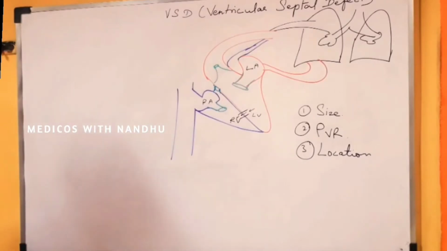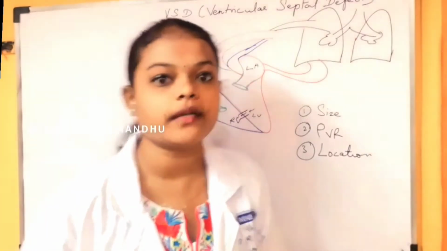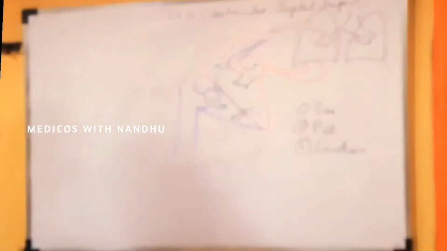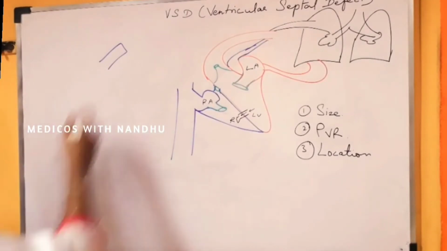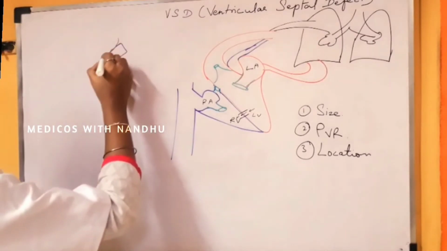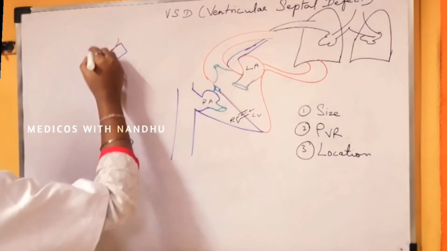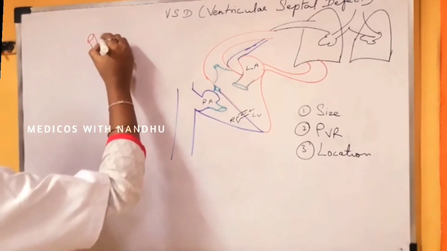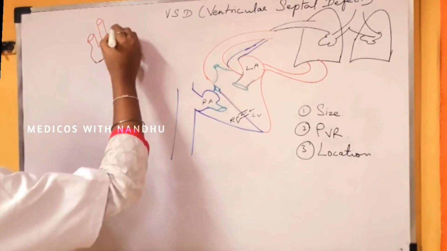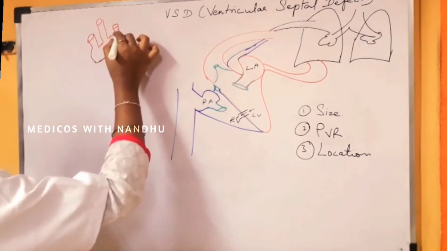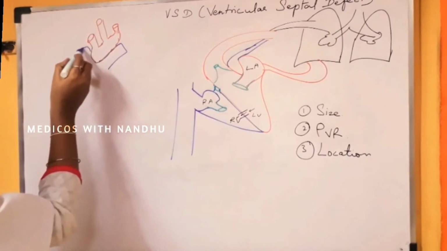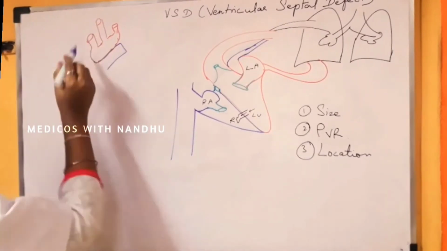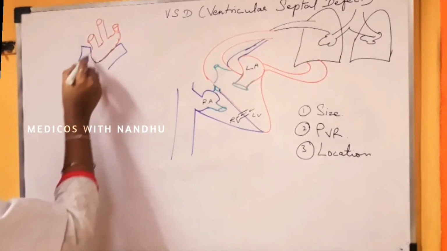Now there are some types of ventricular septal defect. We have to see that. First, this is the pulmonary vein, and here we have the aorta, and one more pulmonary vein is present here.